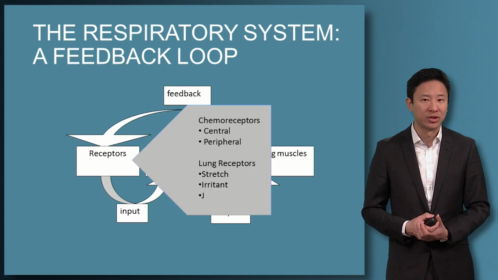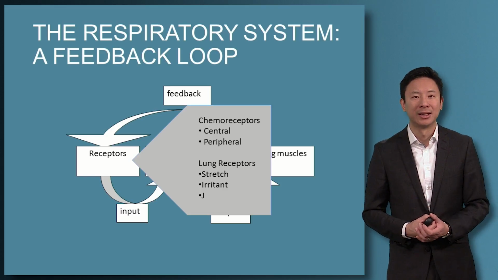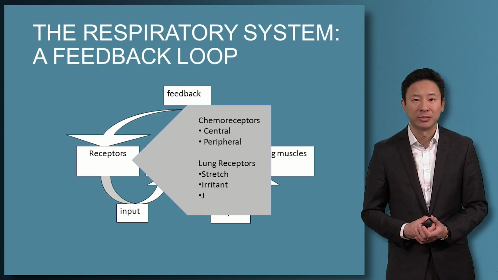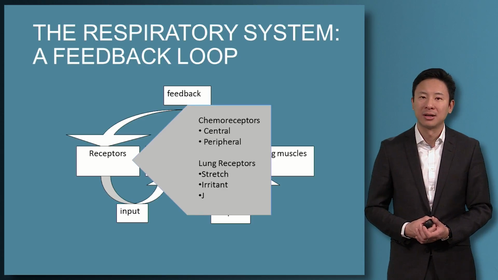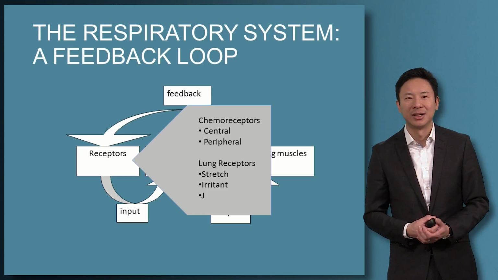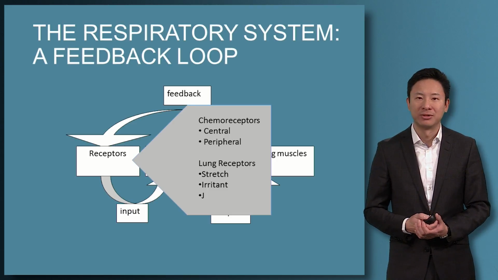In terms of receptors, there are a number of receptors that act as sensors in this feedback loop. So we have chemoreceptors, and the chemoreceptors can be divided into central and peripheral chemoreceptors. And then there are lung receptors, which respond to mechanical stimuli. And so you have stretch receptors, irritant receptors, and J receptors. We're going to talk a lot about these receptors in your large group lecture on this subject.